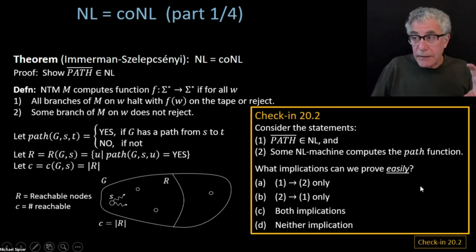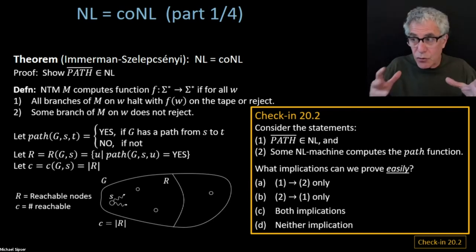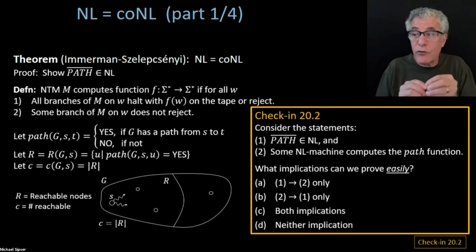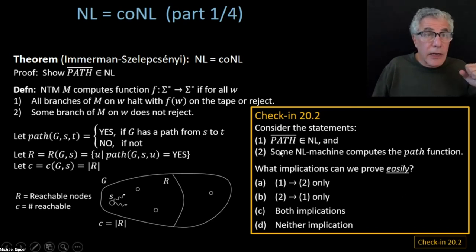These are going to be related facts. Which one can we prove from the other easily? I mean, they're both going to be true, so in some sense it's trivial. But I want to know which one can we prove kind of immediately without doing much work. That I can solve this path problem in NL, the complement of the path problem in NL, or that I can compute the path function in NL. So what do you think?